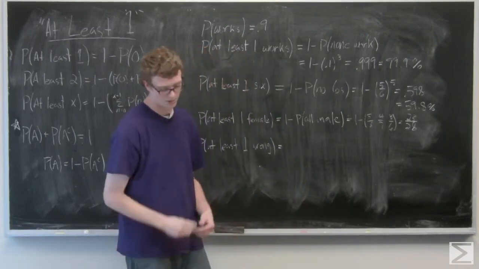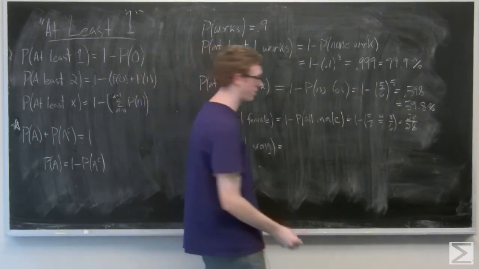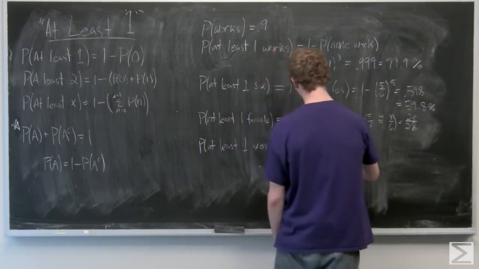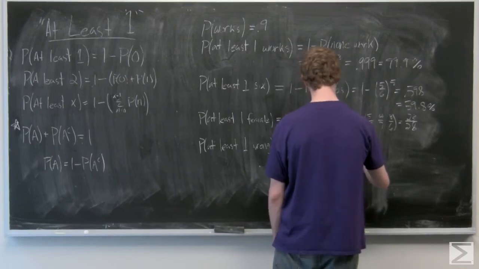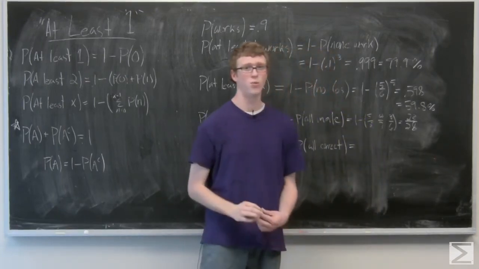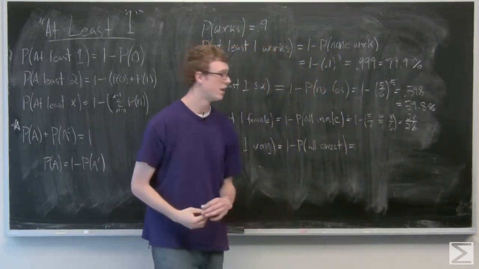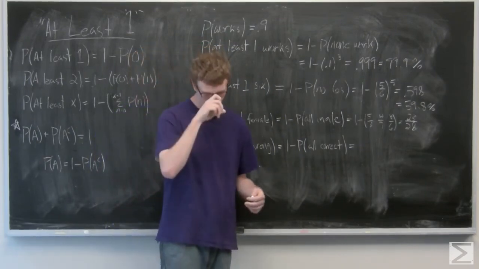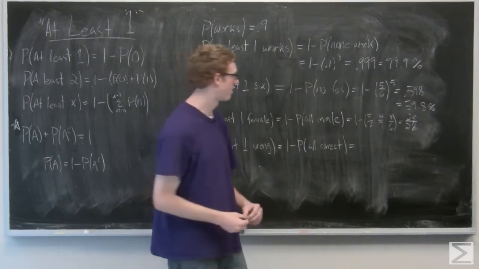Well, that's 1 minus the probability that they get them all correct, which probably isn't going to happen. The student has a 1/2 chance on each question, and each question is independent because they just guess on every question. So it's 1 minus 1/2 to the 4th.